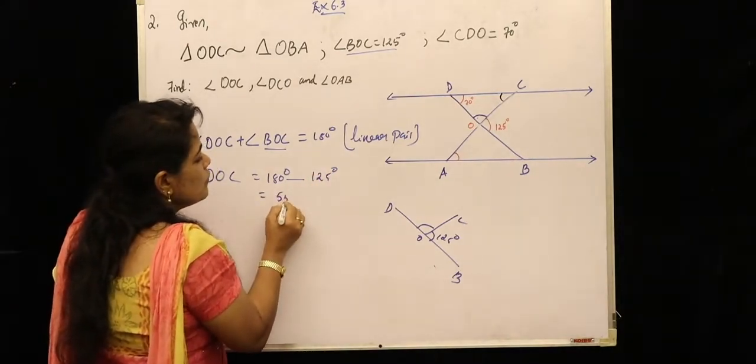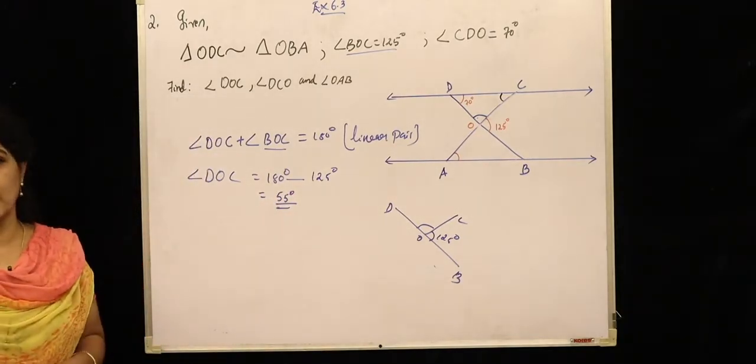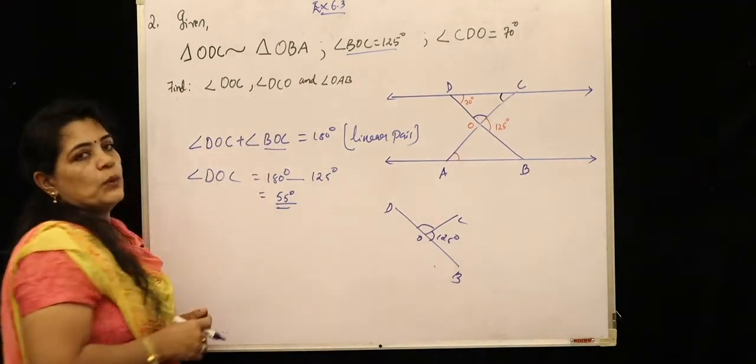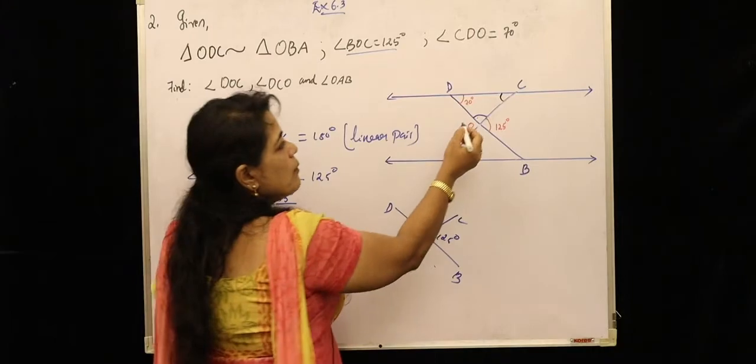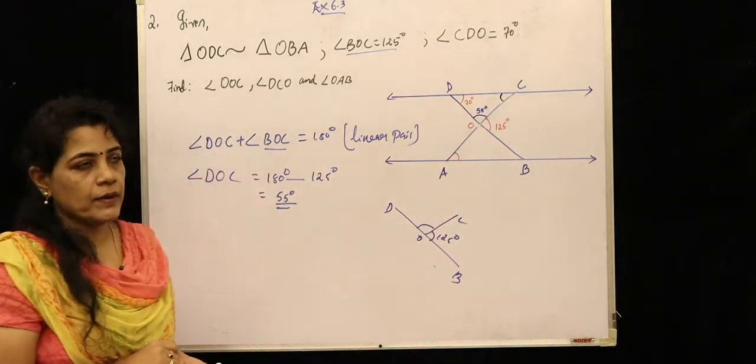So it will be 55 degrees. 180 minus 125 is 55 degrees. And the second one, angle DCO. See, here you can mark 55 degrees now by applying the linear pair axiom.